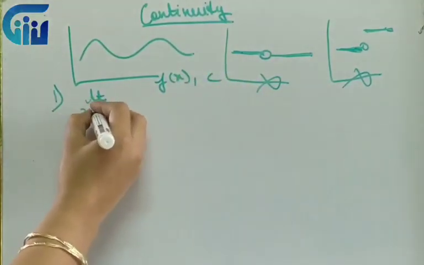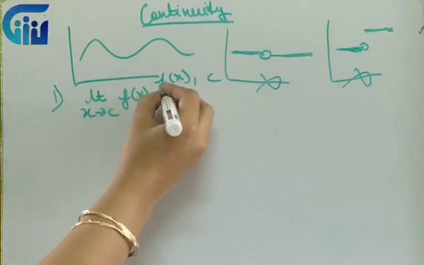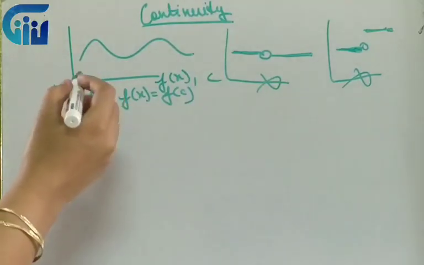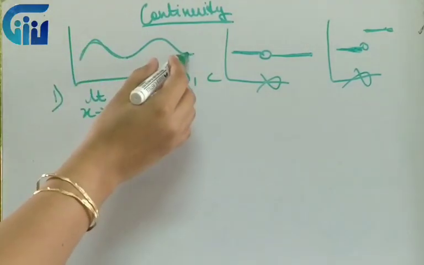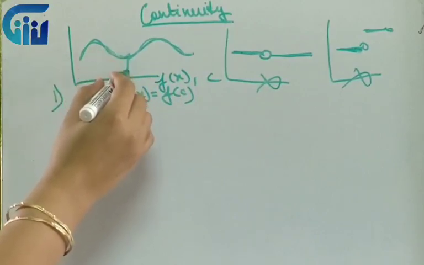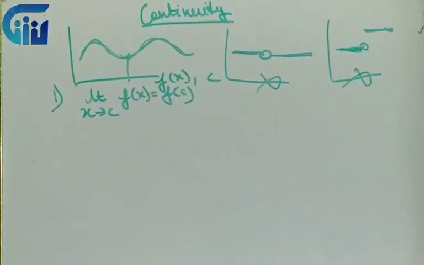If the limit as x tends to c of f(x) is equal to the value of the function at point c, then we say the function is continuous. It means if I move from left and if I move from right and the value of the function at that point is also the same, then we say it is a continuous curve.